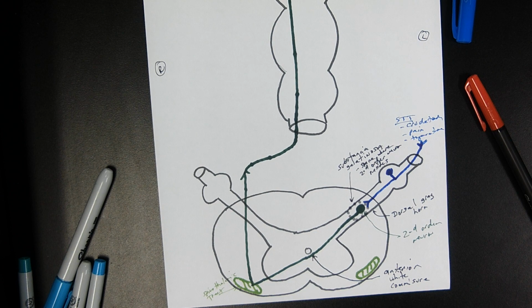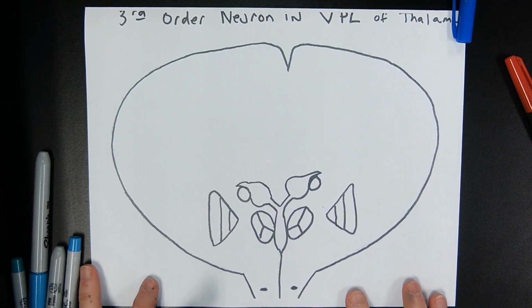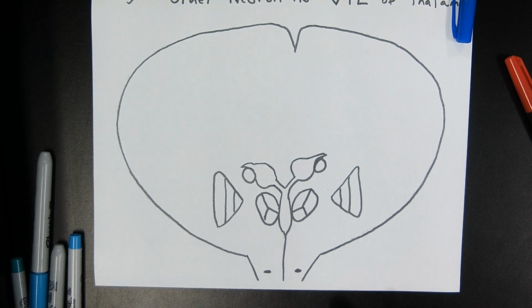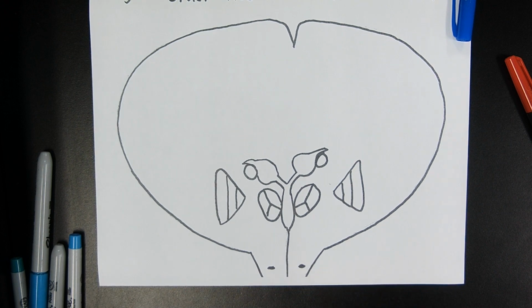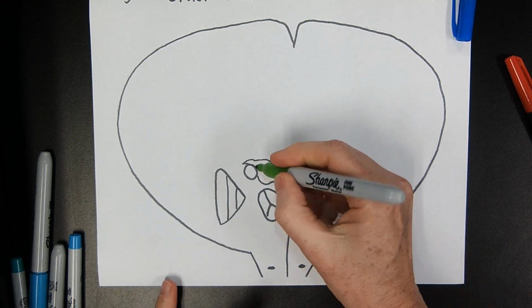Okay, let's keep going up then. So we're at the level of the midbrain. Now let's look at the third order neuron, or what happens after the level of the midbrain. Here we have again the ventricles.